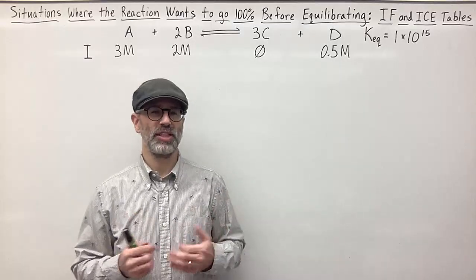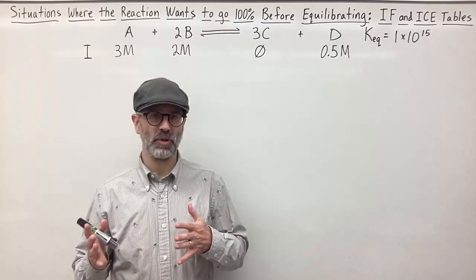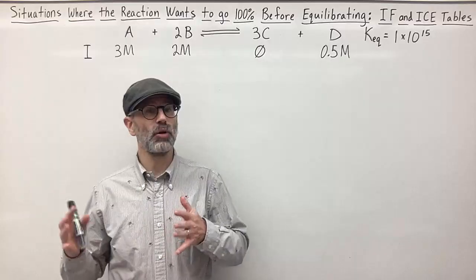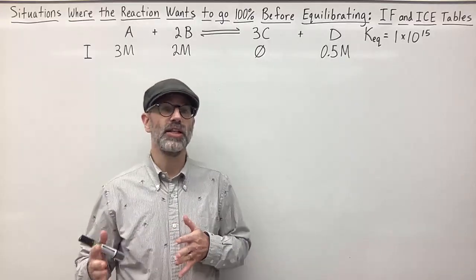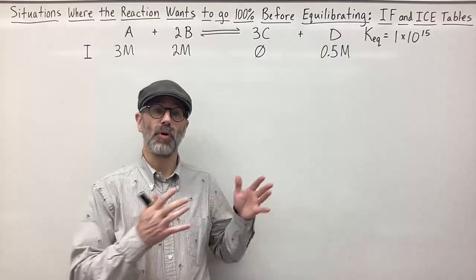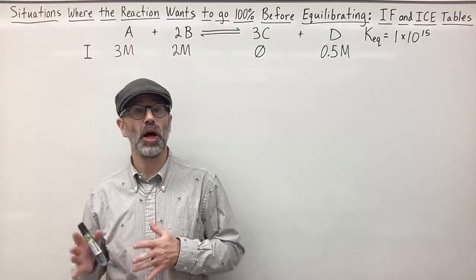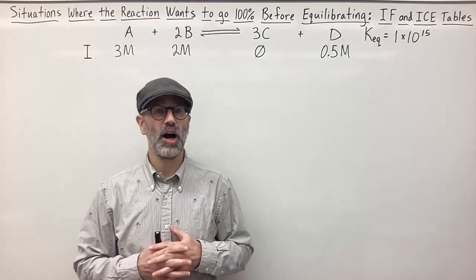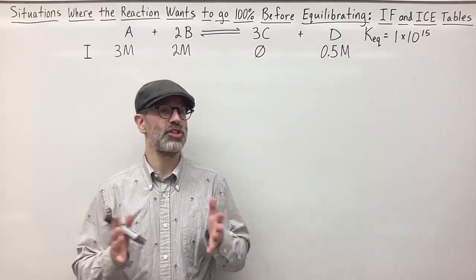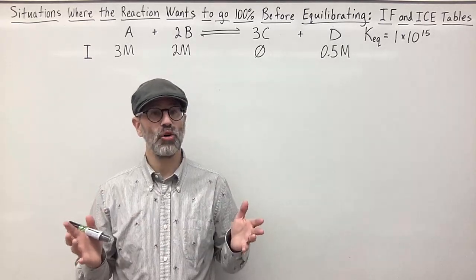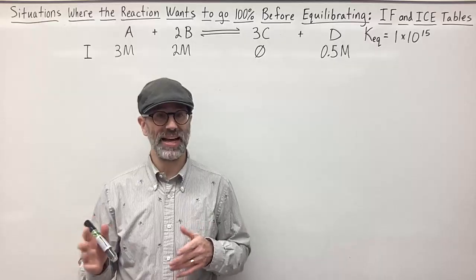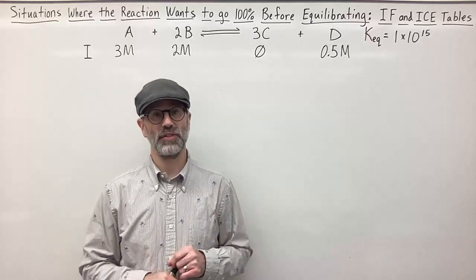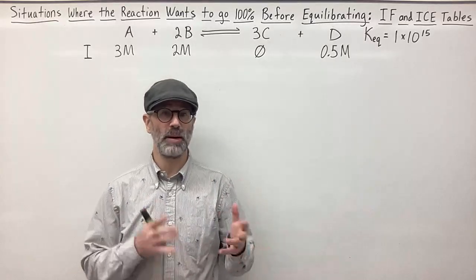Well, what if you have a situation where the reaction is going to shift towards the products, but the equilibrium heavily favors the products? In that case, you're going to get a large change in X, and so you won't be able to neglect X. In those sorts of situations, we're going to have to do a two-step problem.